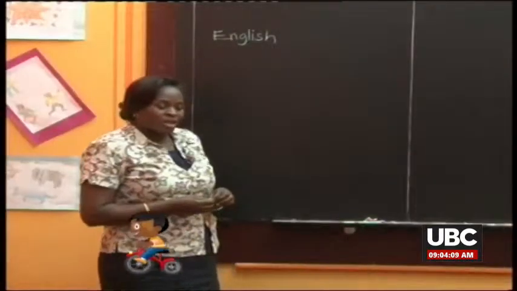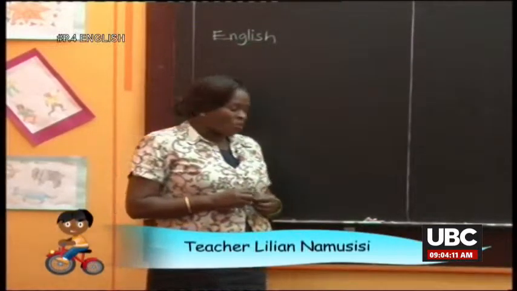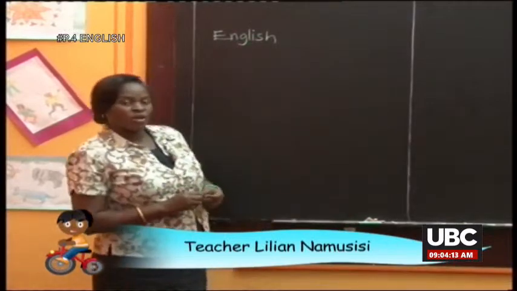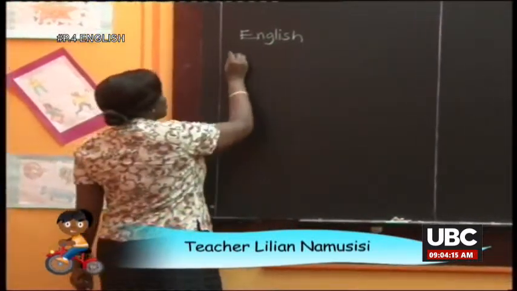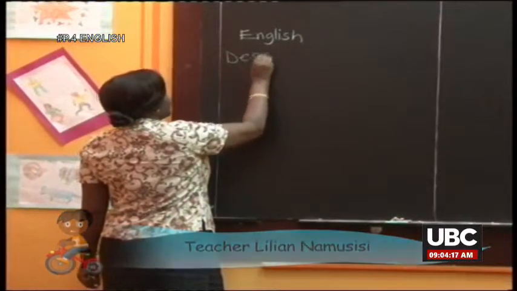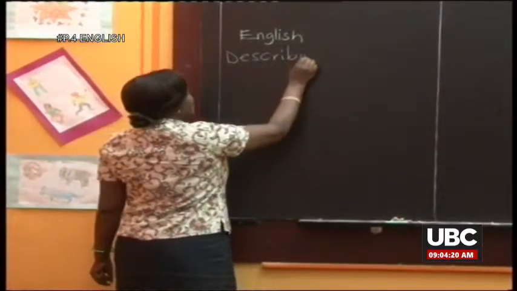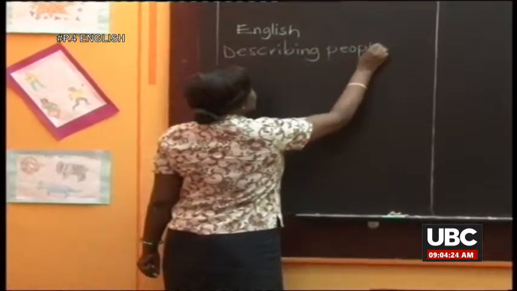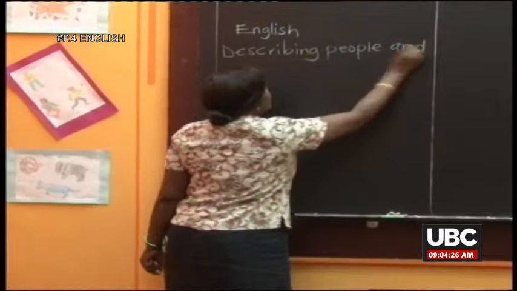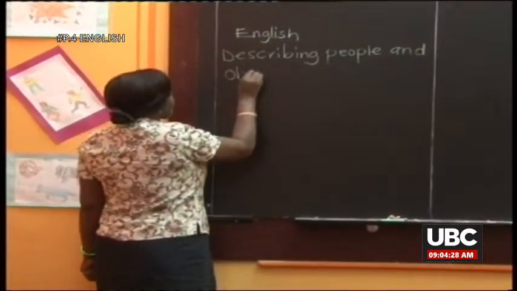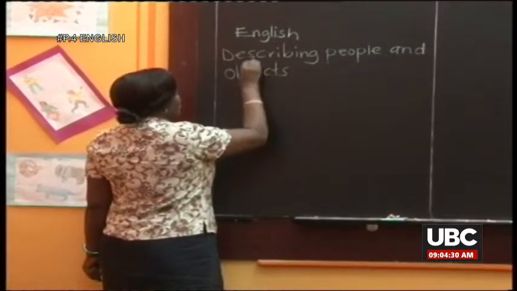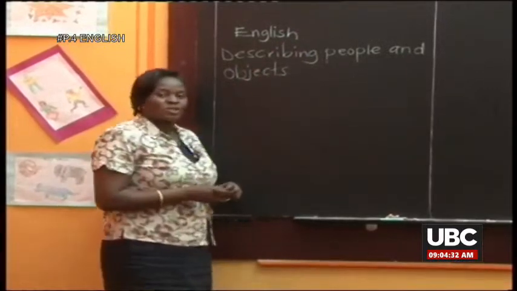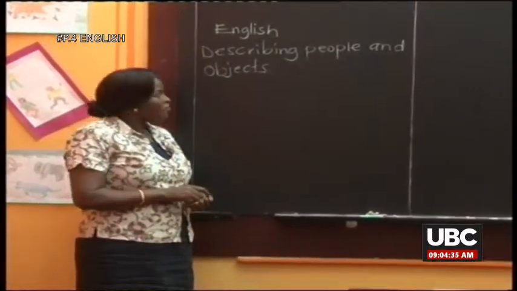Our topic today, we are still looking at the words we use to describe people and objects. Describing people and objects, that's our topic. We are still looking at the adjective words.